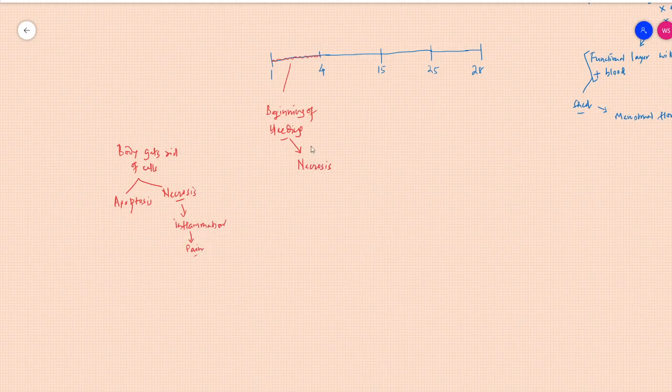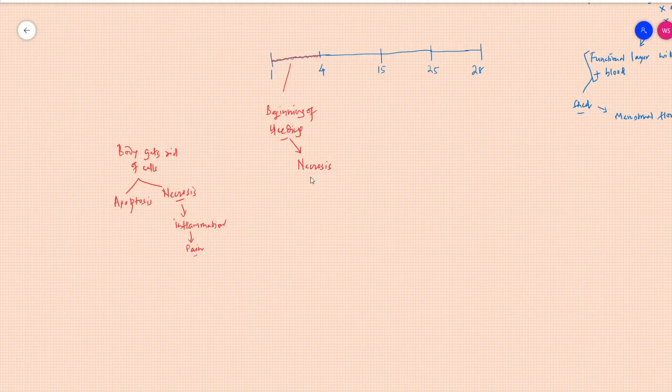So there is pain associated with the menstrual cycle, because there is tissue damage. Lots of mediators of pain, as we said, prostaglandins and other mediators are released, and that results in pain.